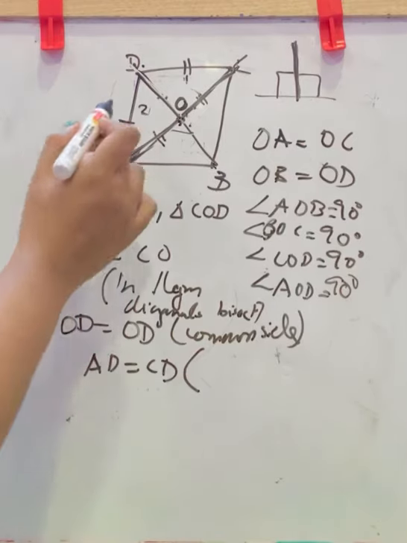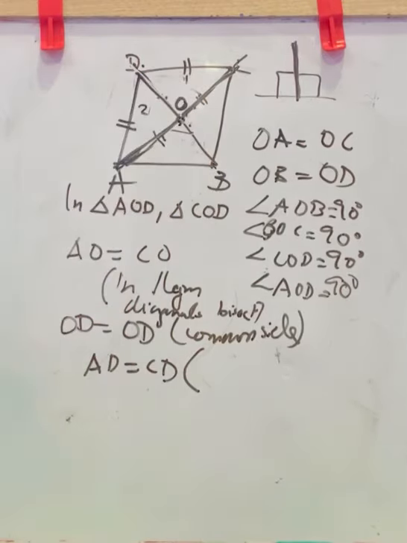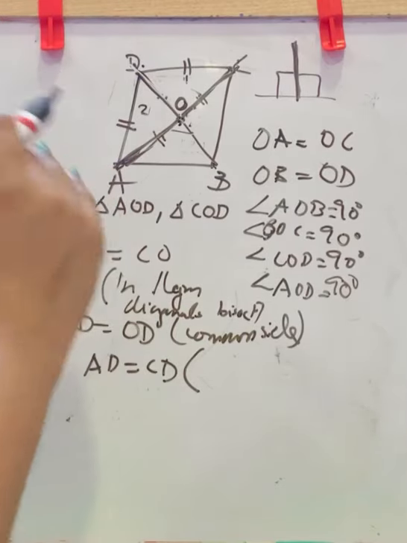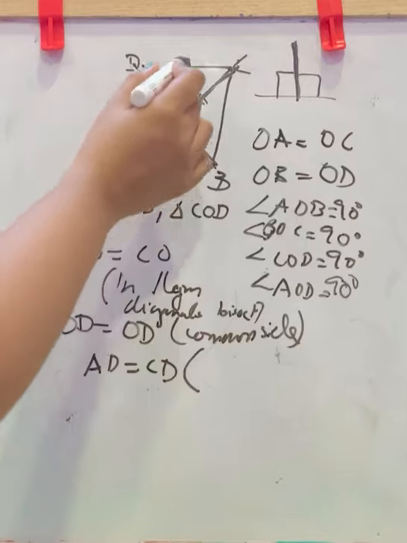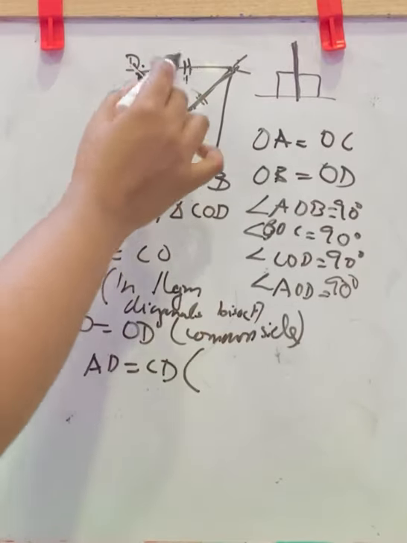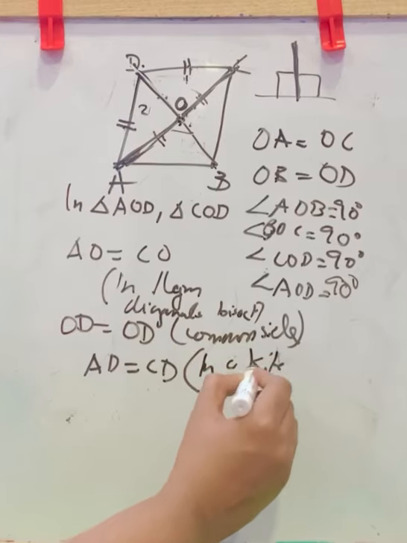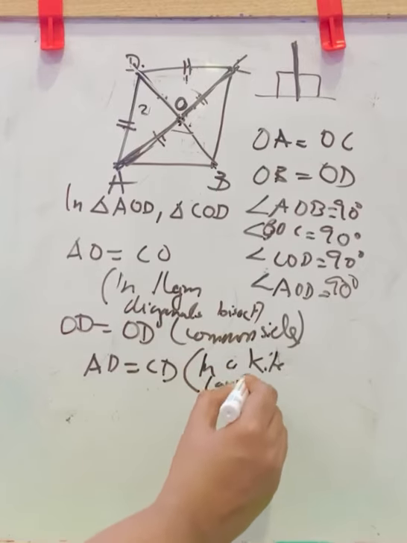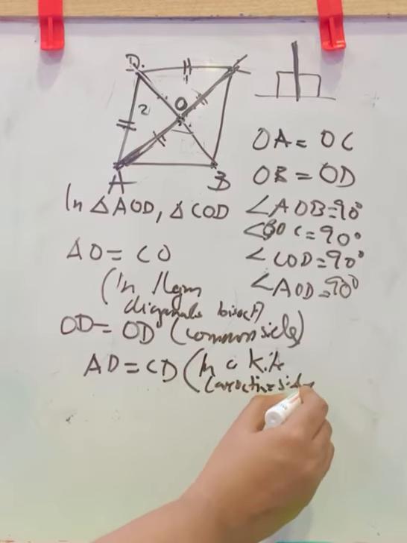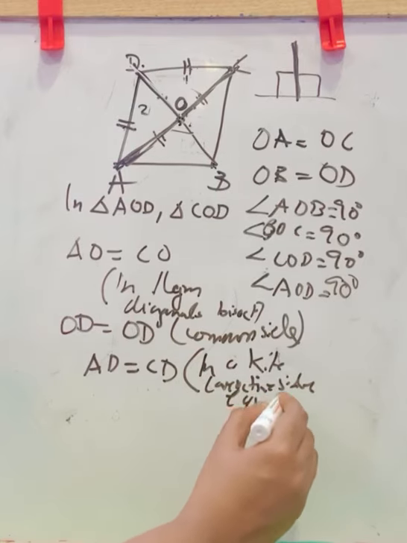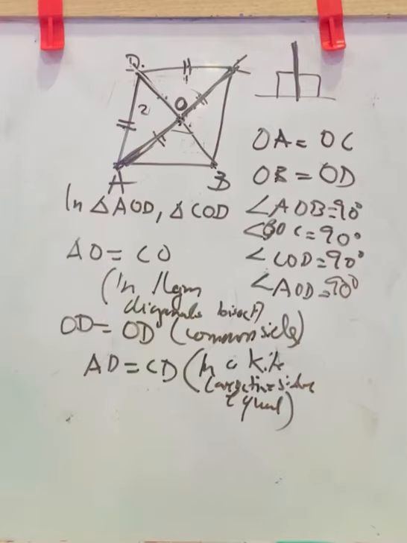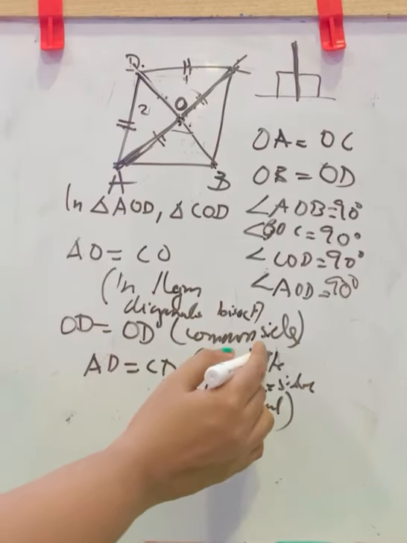In a kite, consecutive sides means adjacent sides which is lying nearby. So here this side's adjacent side is this. That is consecutive sides. In a kite, consecutive sides are equal. So we already learned that rhombus satisfy all the properties of a kite.